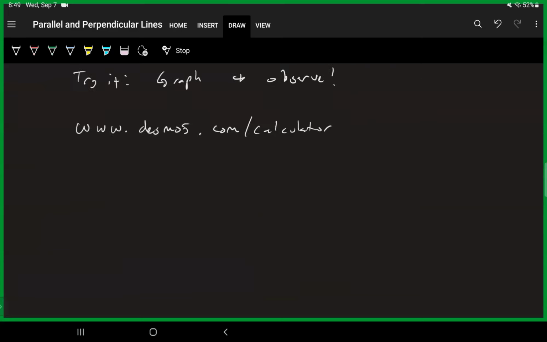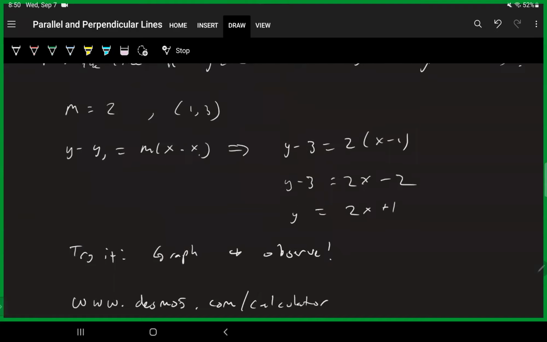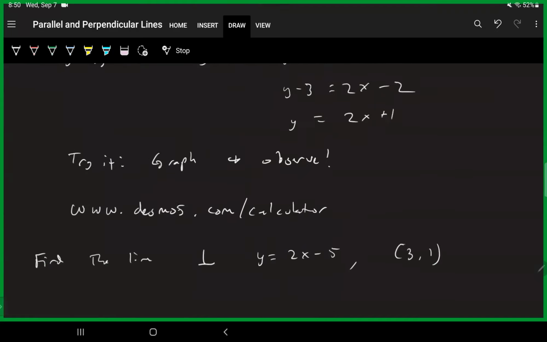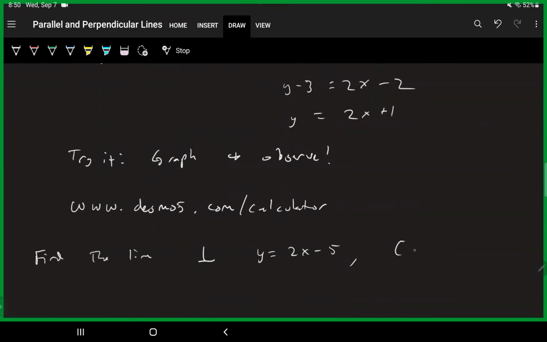Let's check out a perpendicular line. We're going to do the same point and the same equation.